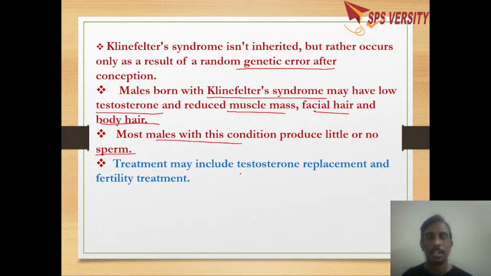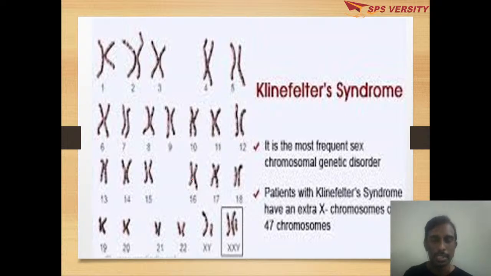Treatment includes testosterone replacement and fertility treatment. So here you can see there are 2 X chromosomes and 1 Y chromosome, remaining all the autosomes are normal. That means 1 extra X chromosome. Due to this, the total count will be 47.